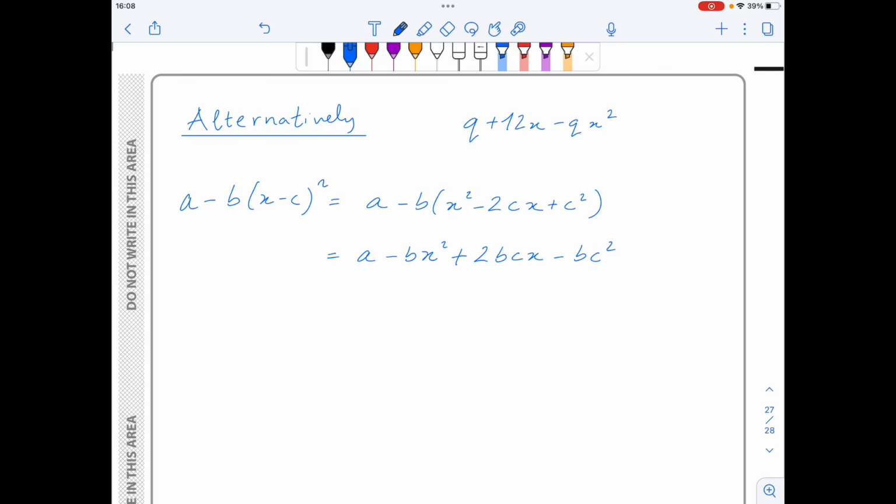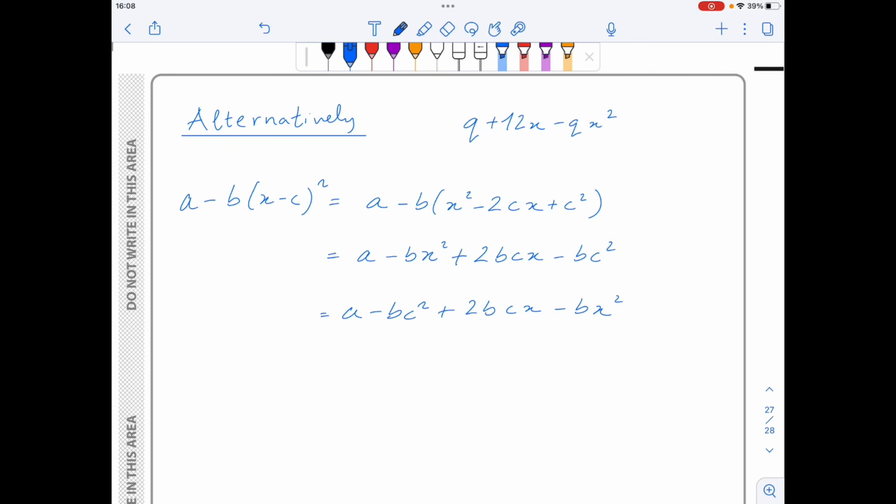And if I write in the same form as this one, constants, then the terms of x, then the terms in x squared, I'll get a minus bc squared plus 2bcx minus bx squared. Then I'll proceed and equate coefficients.